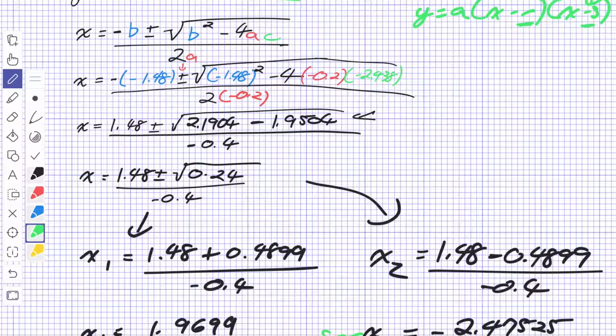The one thing that we didn't solve when we did this was a, but do you remember the trick with a? No? The trick with a is the a value is the exact same in vertex, standard, and factored form. We already have the a value. It's right there. So when I go to write this as our answer, y is equal to, I want to make this smaller.